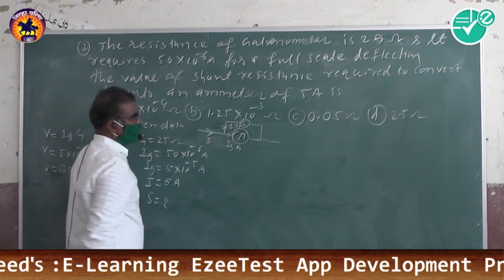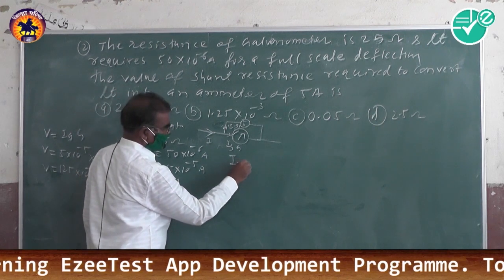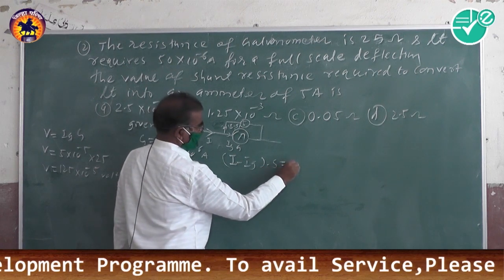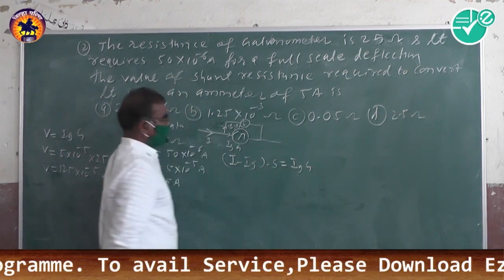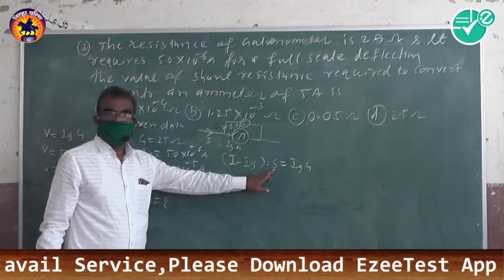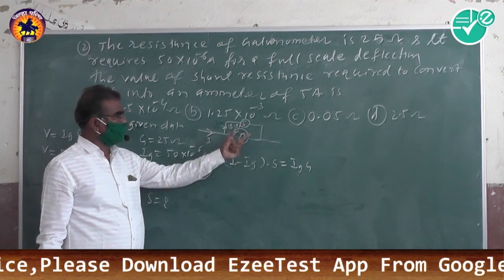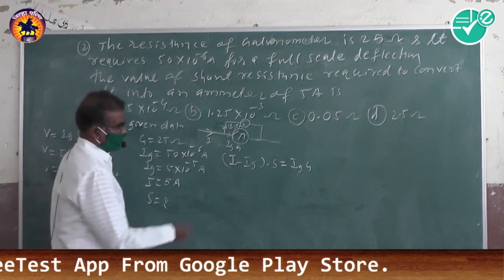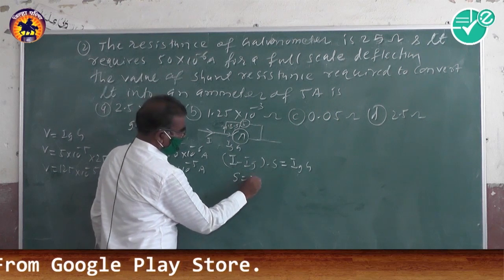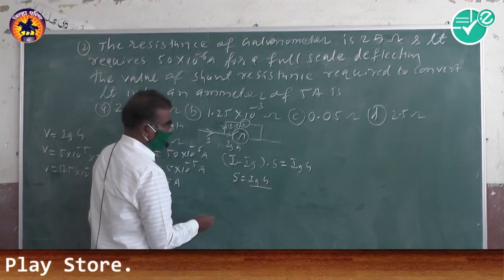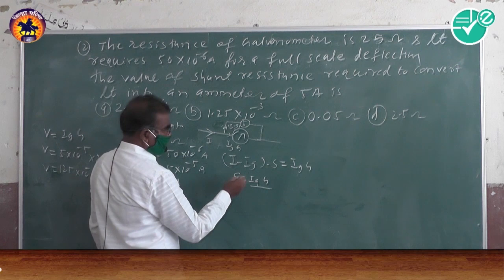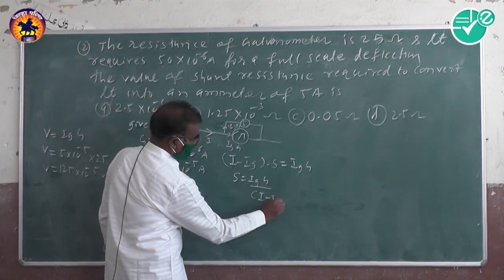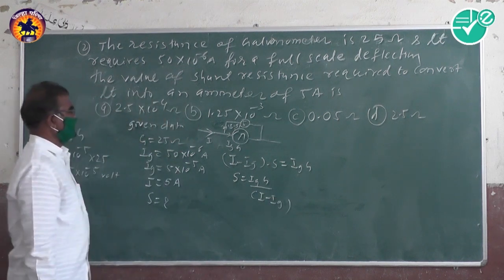I minus Ig into S equal to Ig into G. That is, I minus Ig into S is the potential difference across S, and Ig into G is the potential difference across the galvanometer coil. So S equals Ig into G divided by I minus Ig.